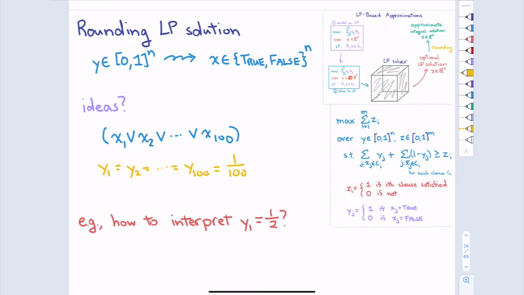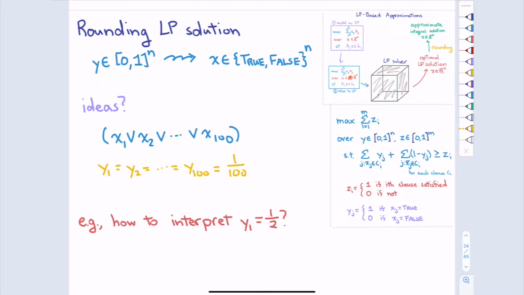Something cannot be half true and half false. I guess I can make jokes about politicians, but that's beside the point. But in the randomized algorithms class, how do I interpret something that's half heads or half tails? We're saying that half the time it's true, half the time it's false.